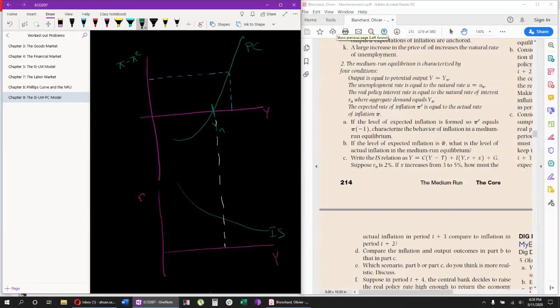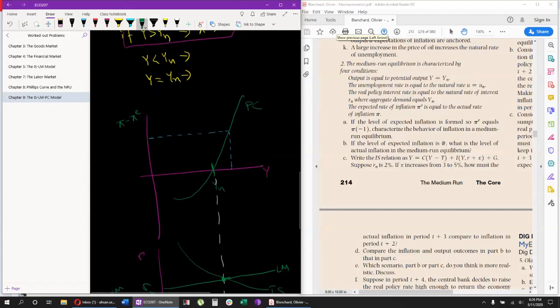Down here, we will have the LM curve. And right here, we have the interest rate. So over here, we have the IS-LM equation. And over here, we have the PC, the Phillips curve.